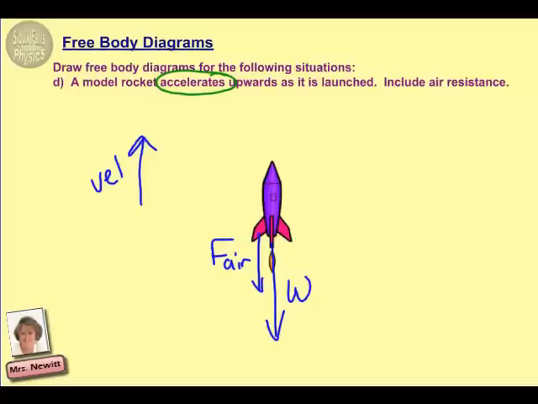So whatever arrow we put in the upwards direction to show that applied force needs to be larger in size than the weight and the air resistance together. So our applied force in the upwards direction should give us more upwards force than we have downwards forces, and that would give us a total net force in the upwards direction, causing it to accelerate.